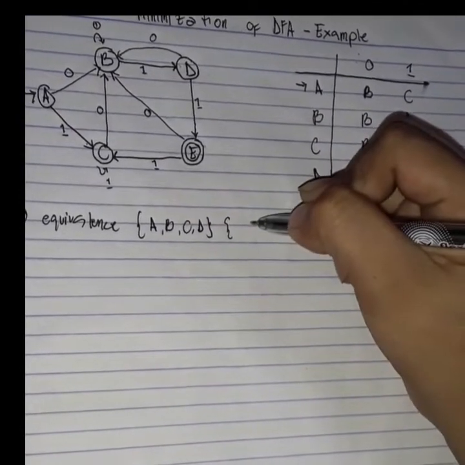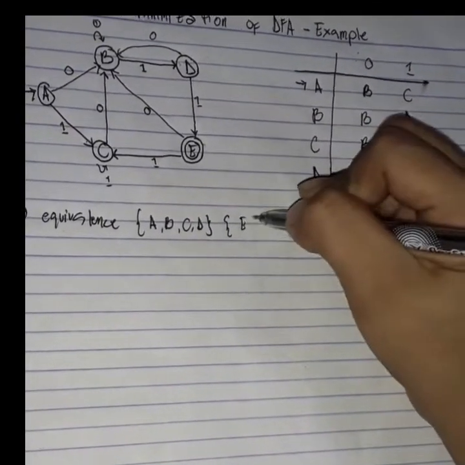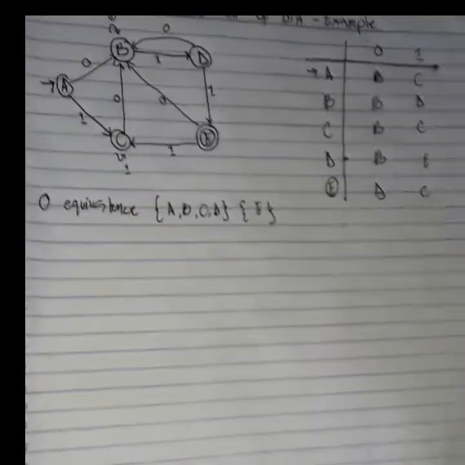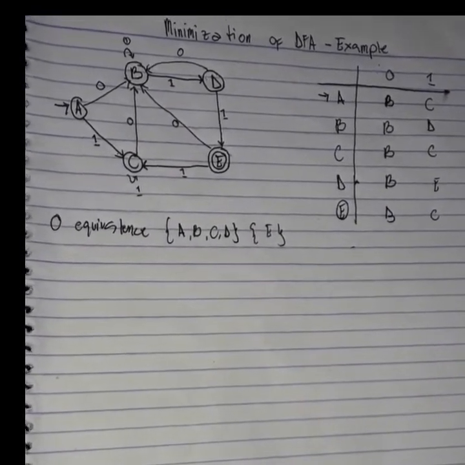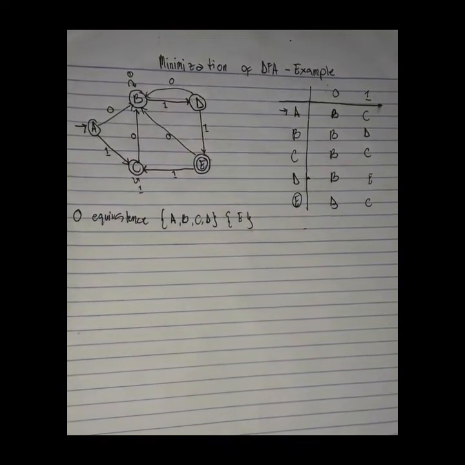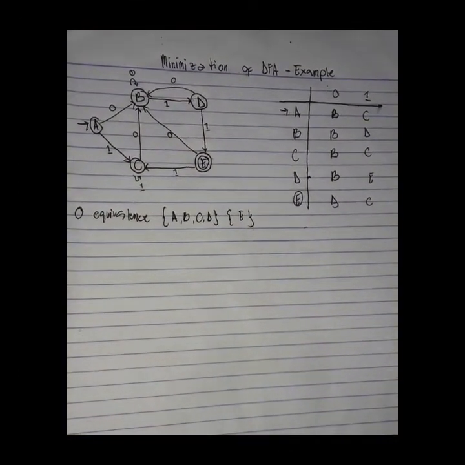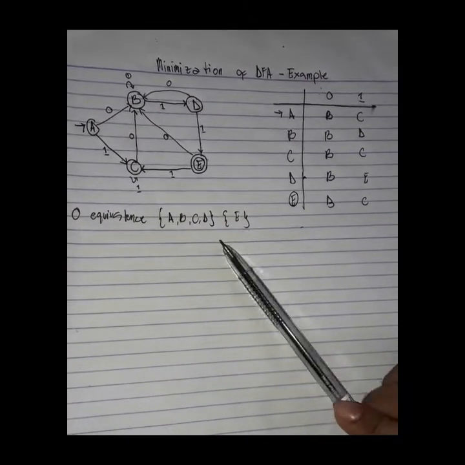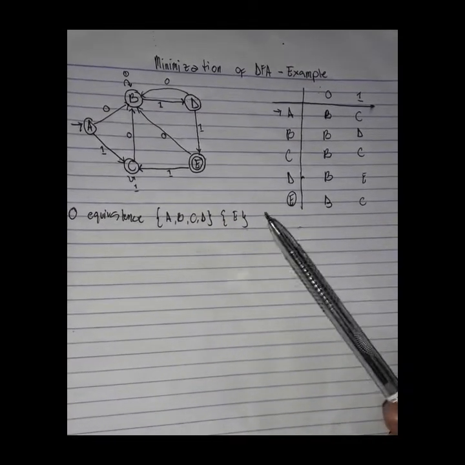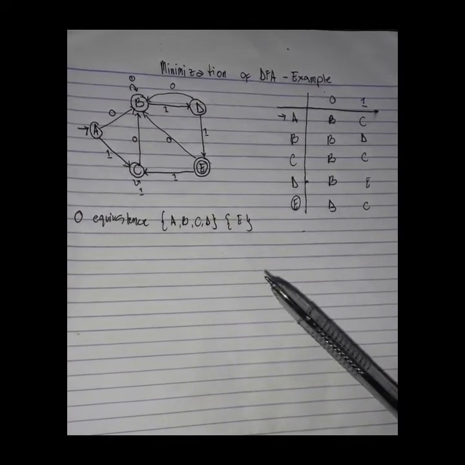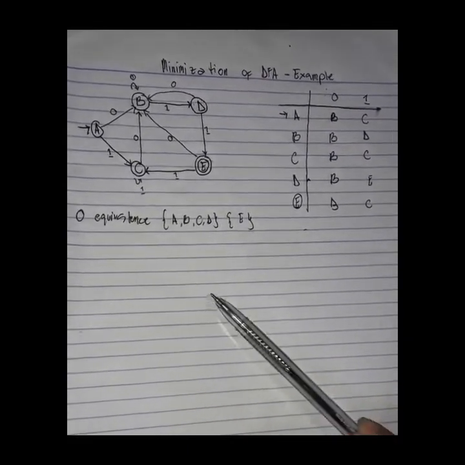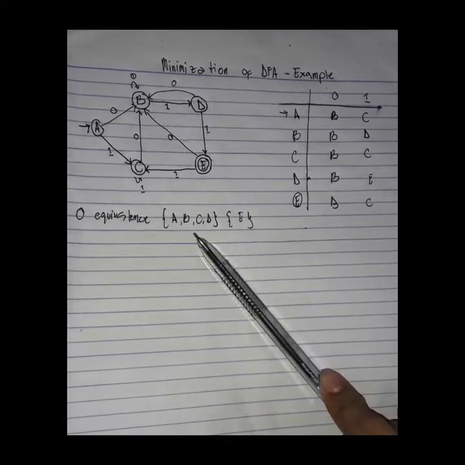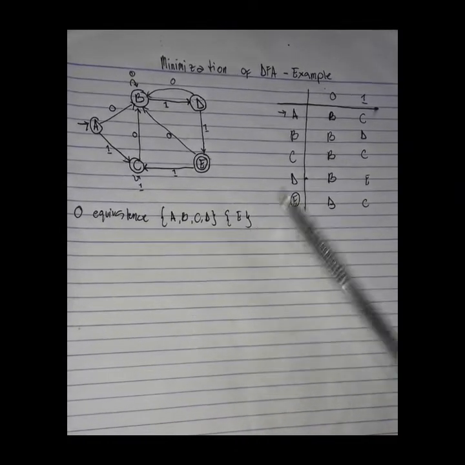We have one final state, E. So here we have the non-final set A, B, C, and D, and my final state is E. It's very simple to write the zero equivalence. You just write the non-final states in one set and the final states as another set.